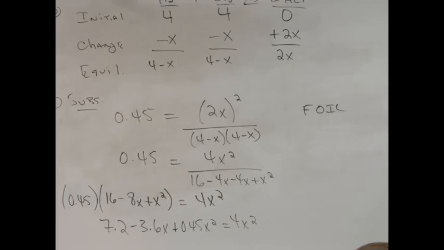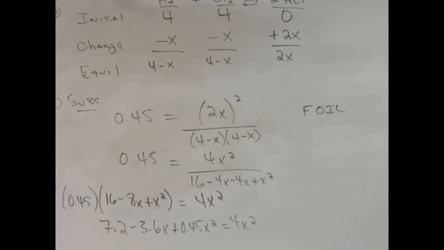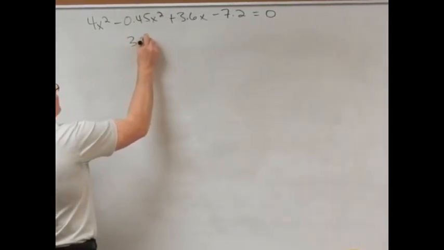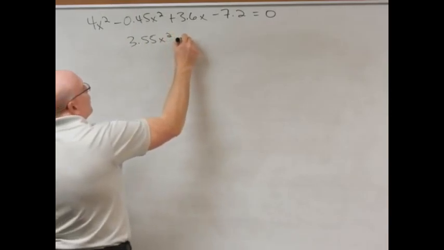I'm moving over the 3.6, so I'm adding 3.6x, taking away 7.2, equals 0. The only thing I have left is I have to add these two terms together. 4 minus 0.45 would be 3.55 x squared.